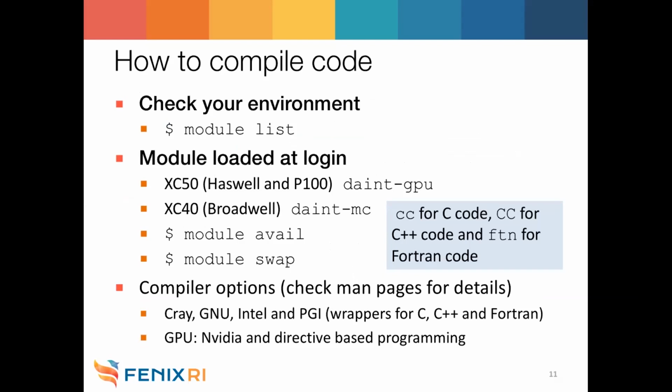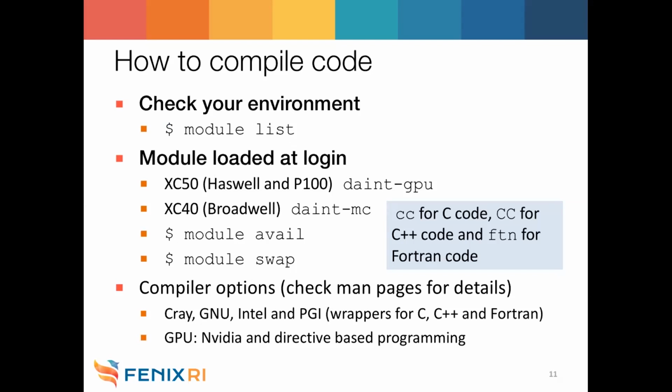Typically that gives you a preset or default environment for the given resources, namely Haswell and NVIDIA Pascal GPUs, or Broadwell multi-core. And then you can use standard commands such as module avail, or if you want to change something, you can use module swap.